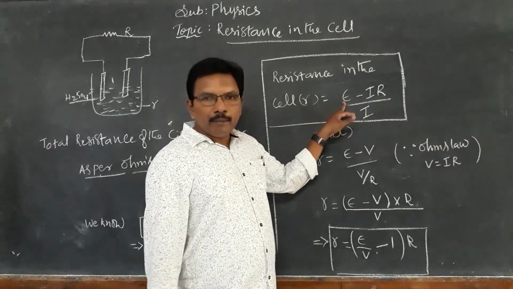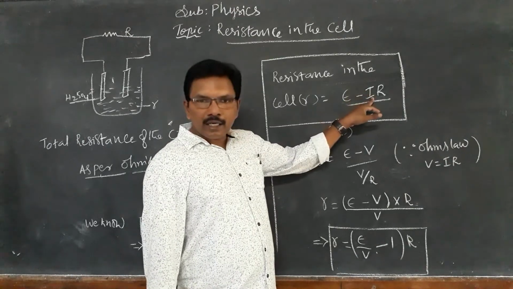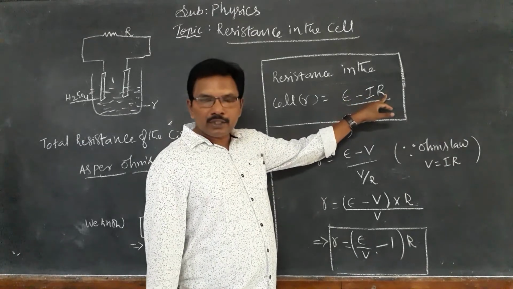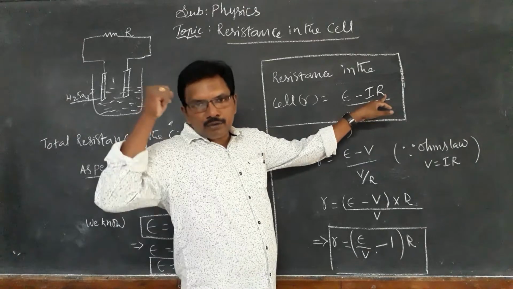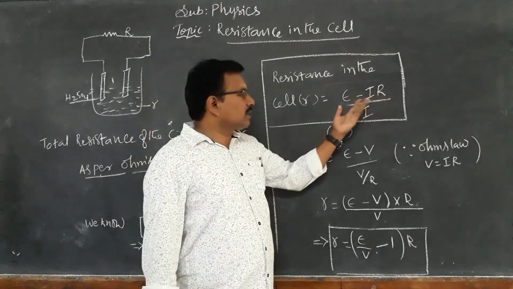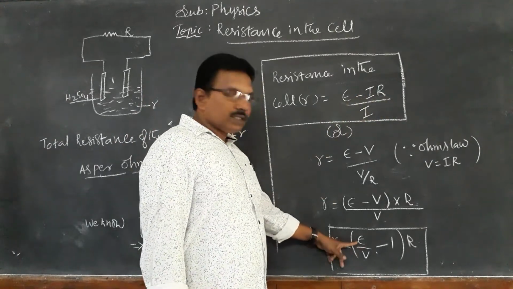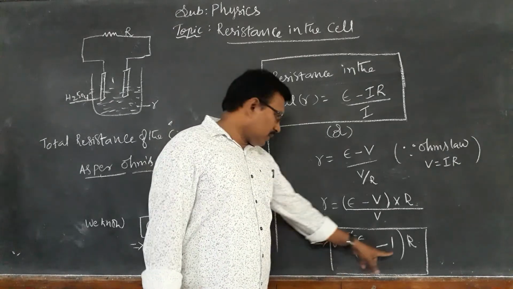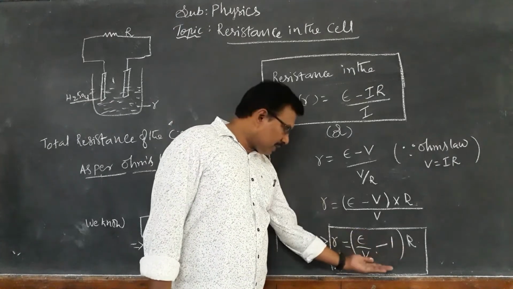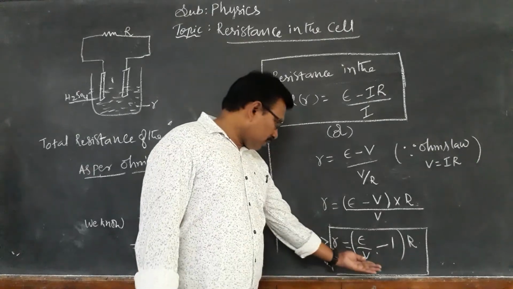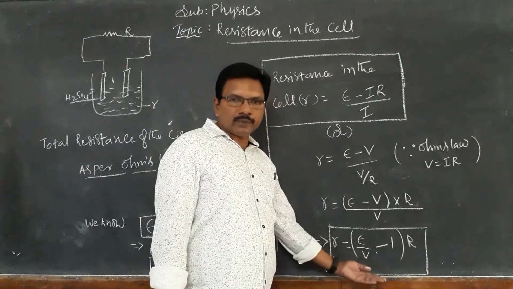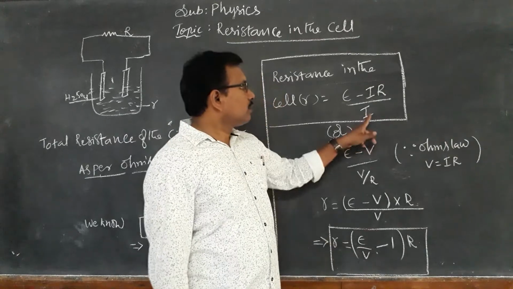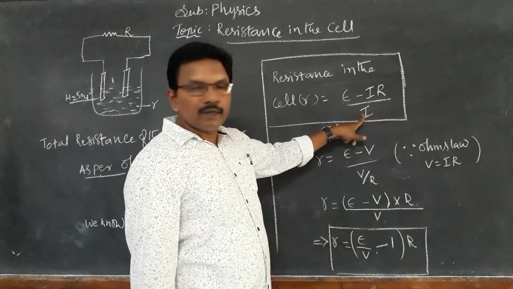When EMF is given, current is given, and the resistance of the outside circuit is given, this is the formula. When EMF is given, potential difference is given, and the resistance of the outside circuit is given, this is the formula. Here there is no current, only potential difference.